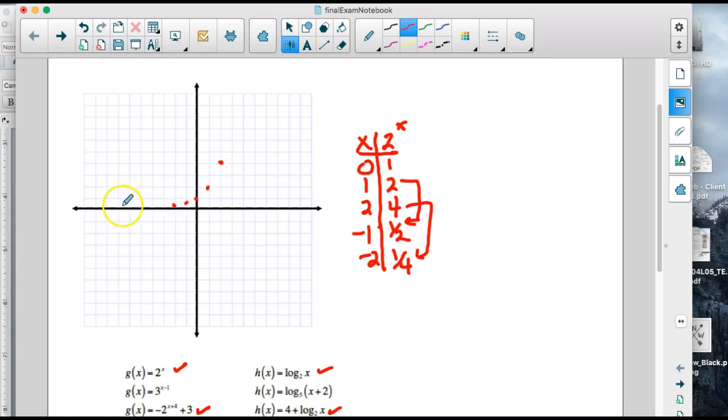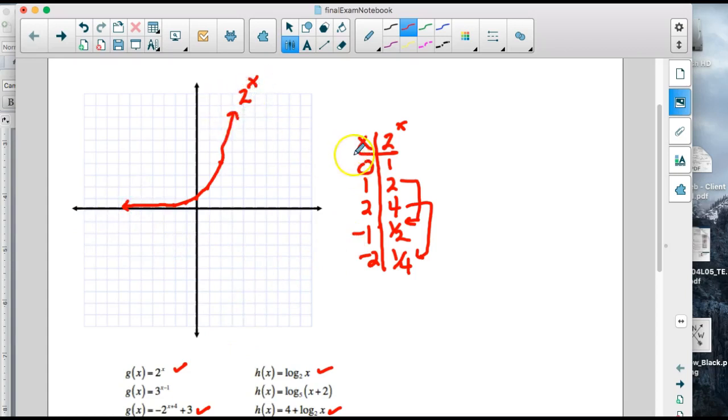So our graph would have an asymptote at 0. We would generally come up close to the x-axis. We'd bend around. We'd go through the value of 1, and then we would bend up towards that function. That's a little off, but it would bend up like that. Okay, so that's 2 to the x power.